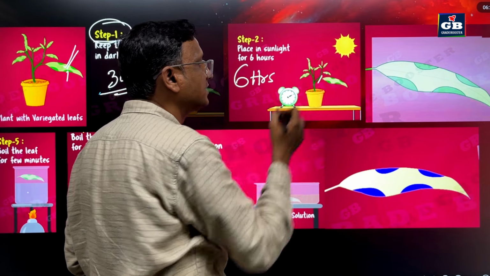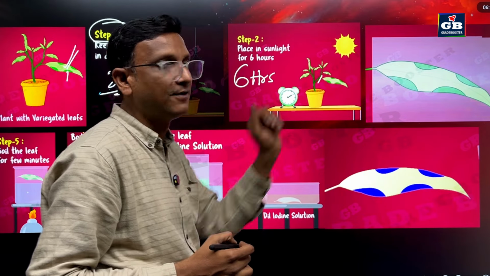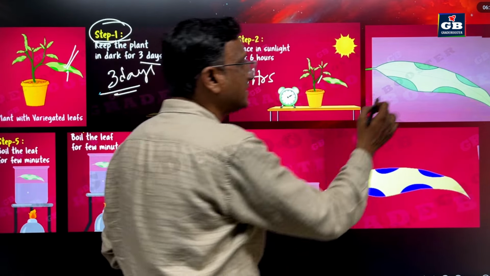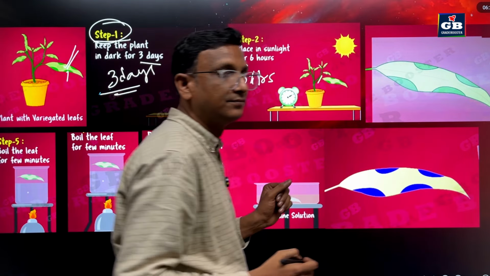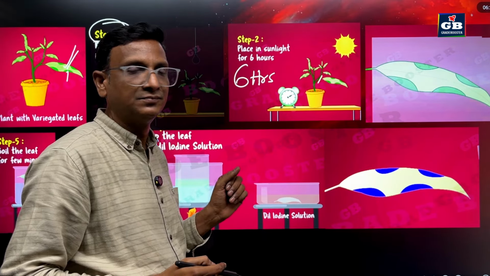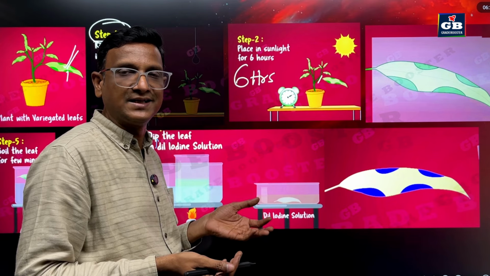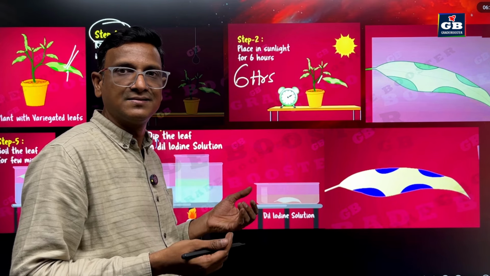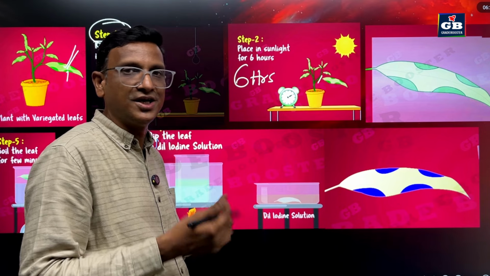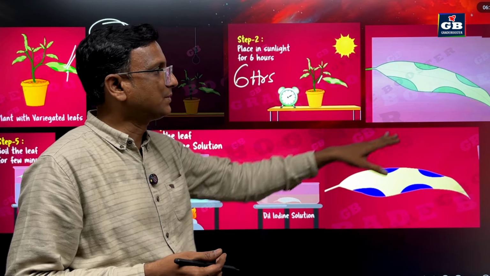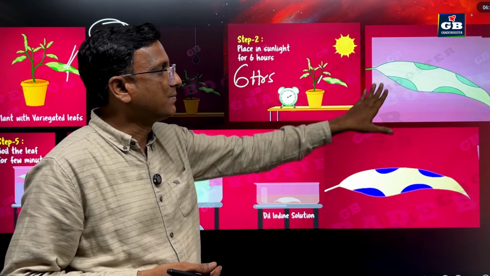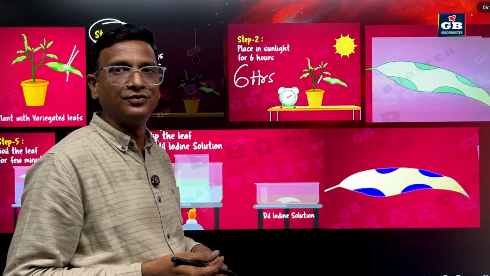So we detach the leaf, take the leaf out, and trace the borders of the leaf on a butter paper. So why are we tracing? We can observe later, after the experiment, when the results come out, then we can check. So for that purpose, with the help of a butter paper, we trace the pattern of the leaf.